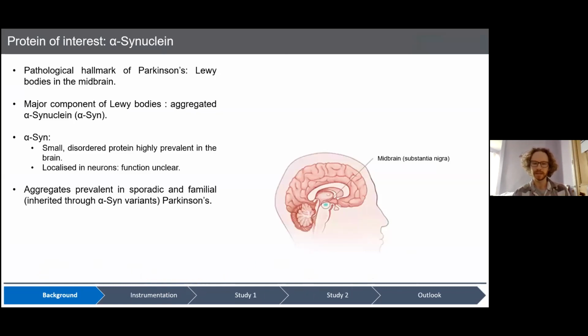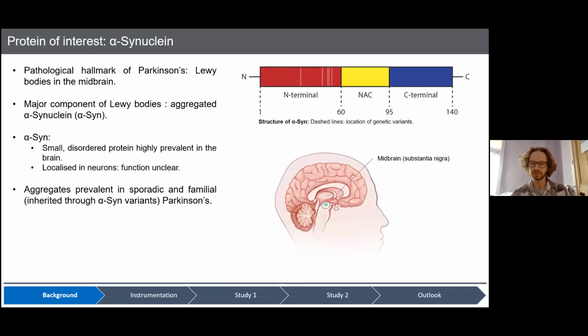So Kiani has already mentioned some of this, but just to reiterate, the pathological hallmark of Parkinson's is the presence of abnormal aggregations of protein called Lewy bodies in the midbrain. The major component of these bodies is aggregated alpha-synuclein, which is a small disordered protein, and as Kiani mentioned, like a wiggly line, which is highly prevalent in the brain. However, its main function is unclear.